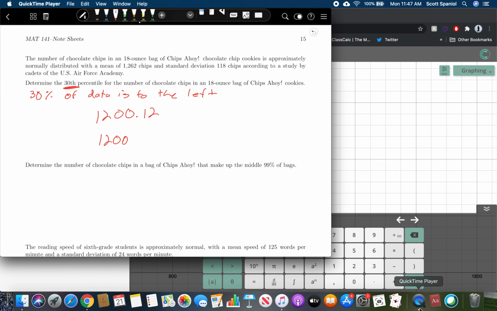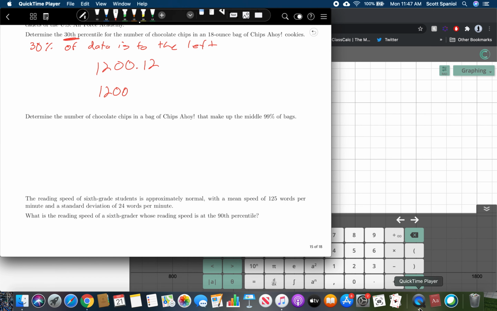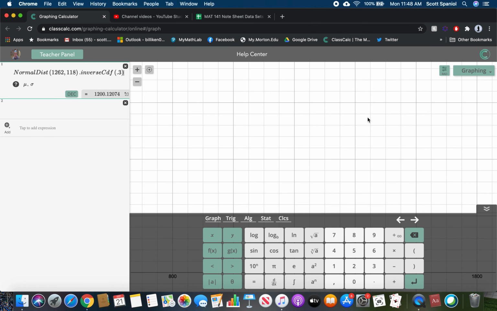Okay. And if I want to determine the number of chips in a Chips Ahoy bag that make up the middle 99%, just remember from what we did earlier that if 99% is in the middle, then 1% is on the outsides. So that means over here is 0.005 and over here is 0.005. To find the number on the left, the area to the left is just that, 0.005, which gives 958.